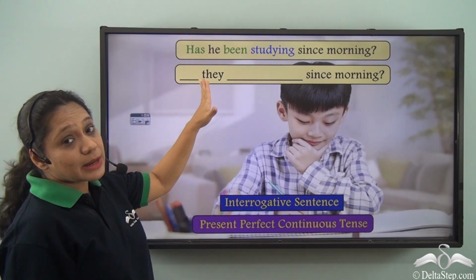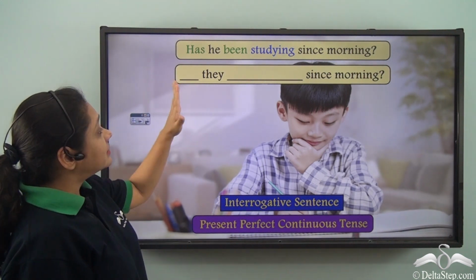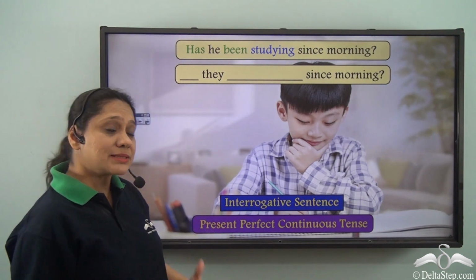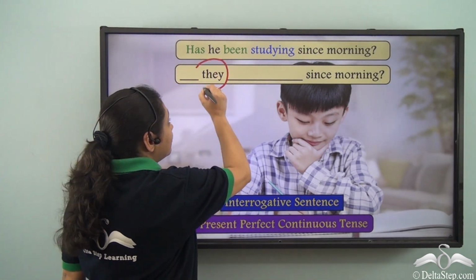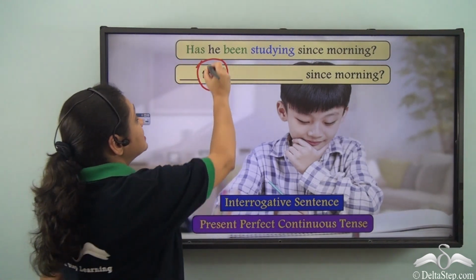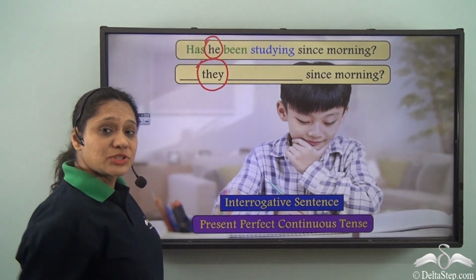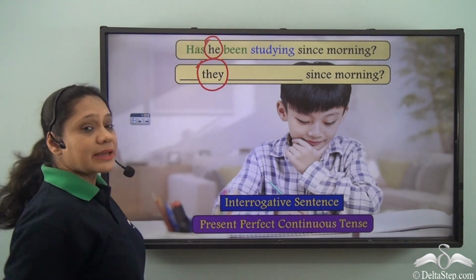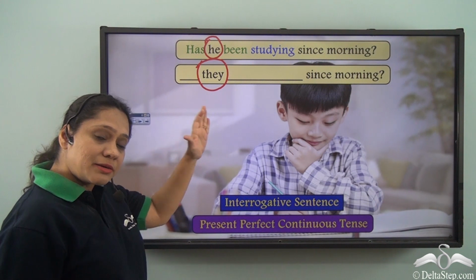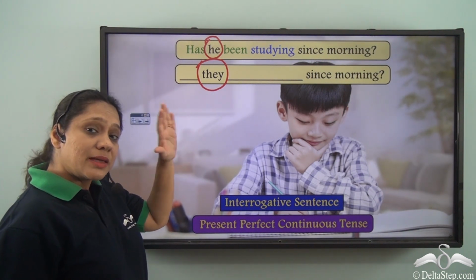So how will we complete this sentence? Dash they dash since morning. In this sentence, we have the subject as they. In the first sentence, we have a singular subject he. In the second sentence, our subject is plural. So what will be the auxiliary verb in this sentence?